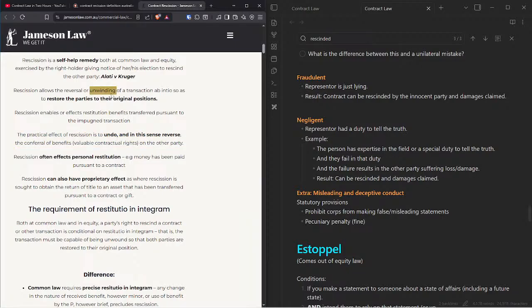Undo, reverse, restore parties to original positions. Rescind.